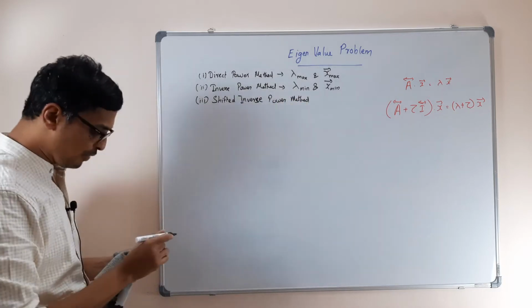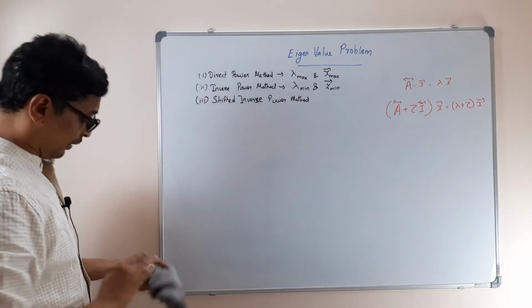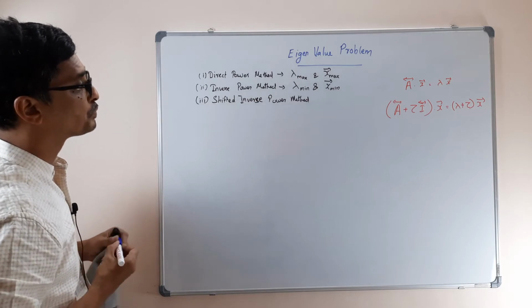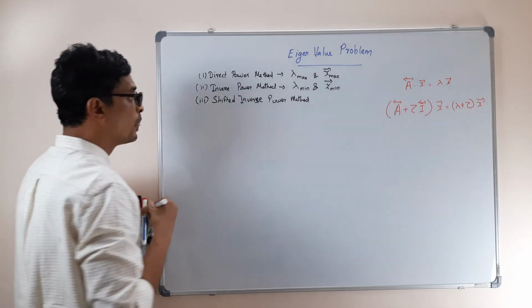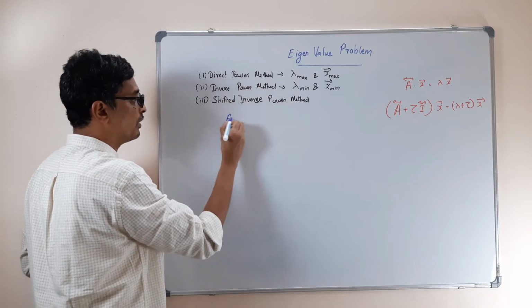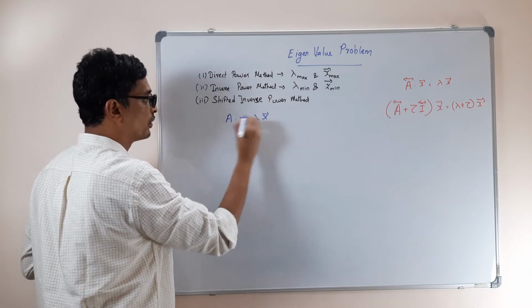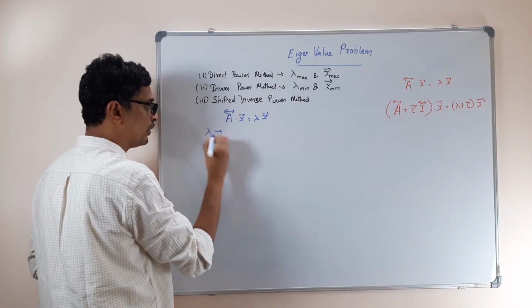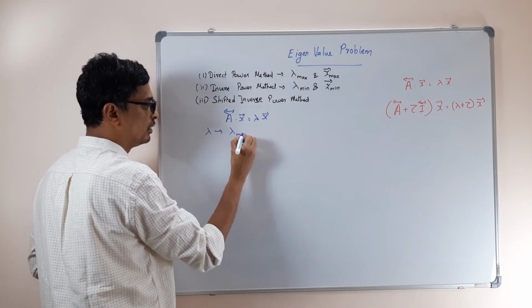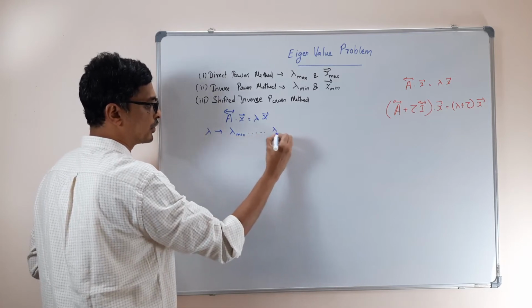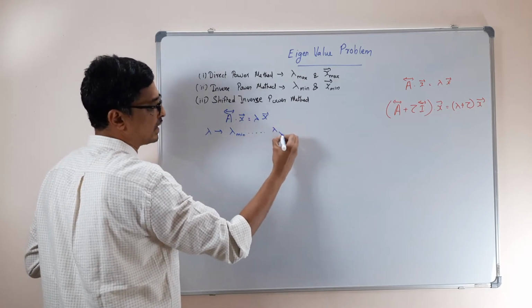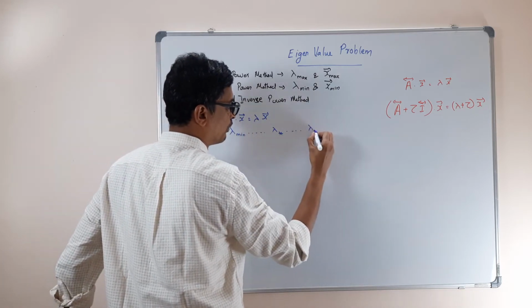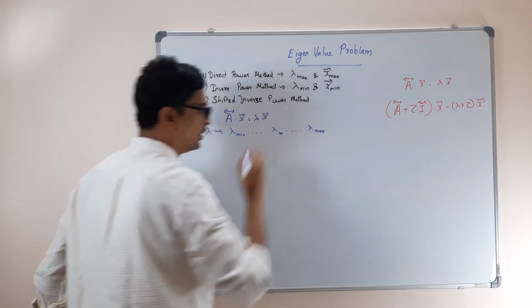So let us start with our eigenvalue equation, A x equal to λ x, where the λ values run from λ min up to some λ star, and on to λ max.